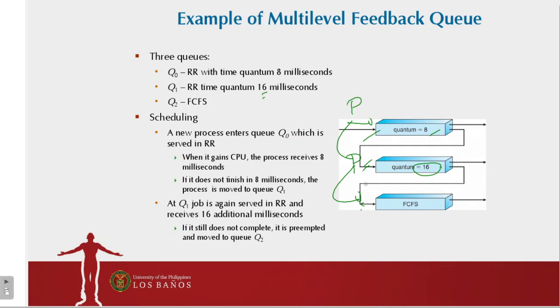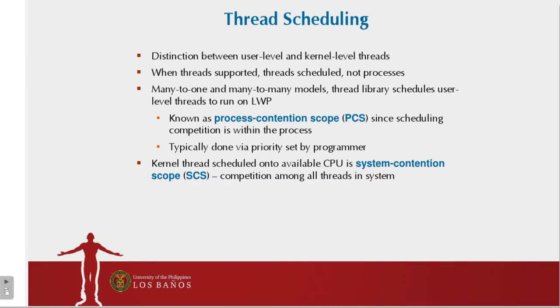Okay, so the previous discussion pertains to processes, right? And with the assumption that one process has one thread. But in reality, modern processes actually have multiple threads, and the scheduling actually happens at the thread level instead of the process level.